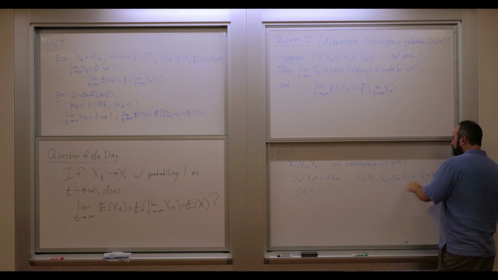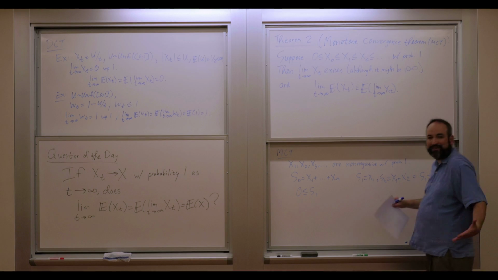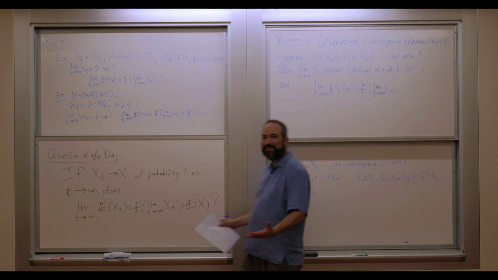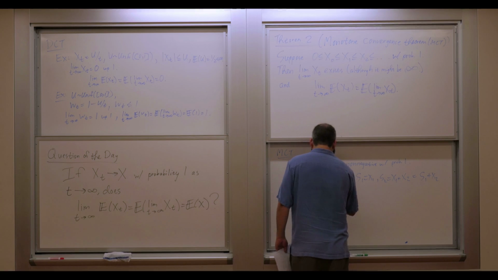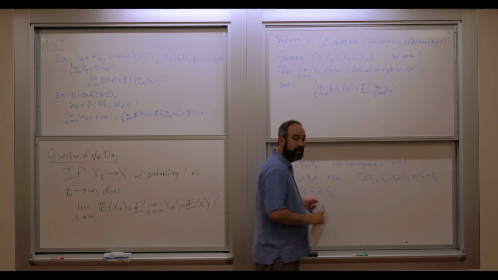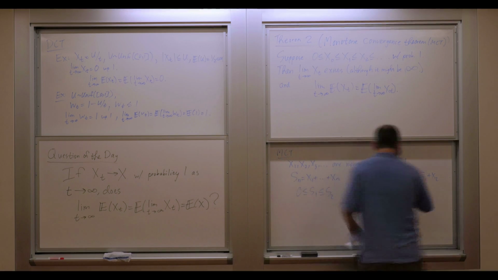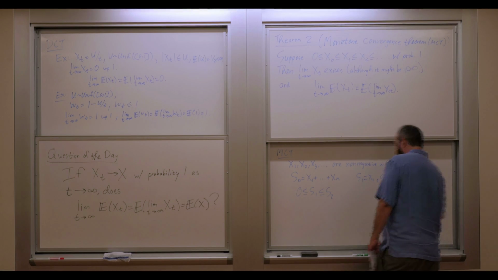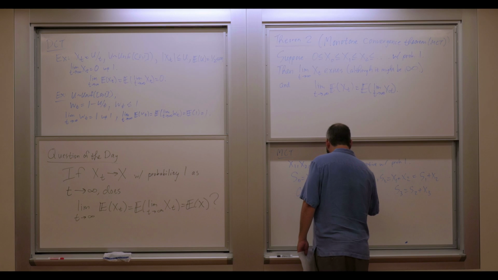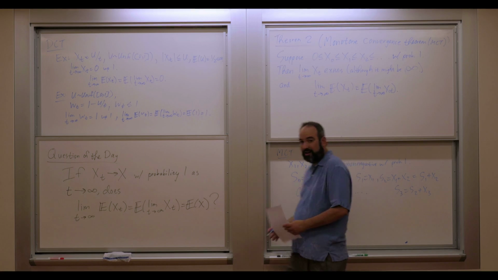So S of 2 is certainly greater than or equal to S of 1 because I added something non-negative to my S of 1 random variable. Similarly, S of 3 is S of 2 plus X3, so that's even bigger than S of 2, and so on.